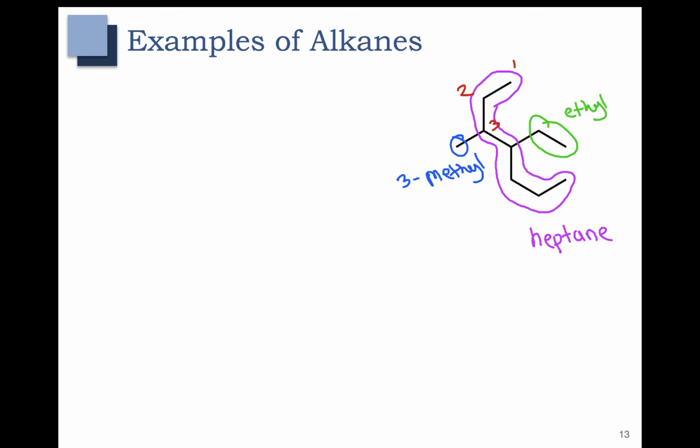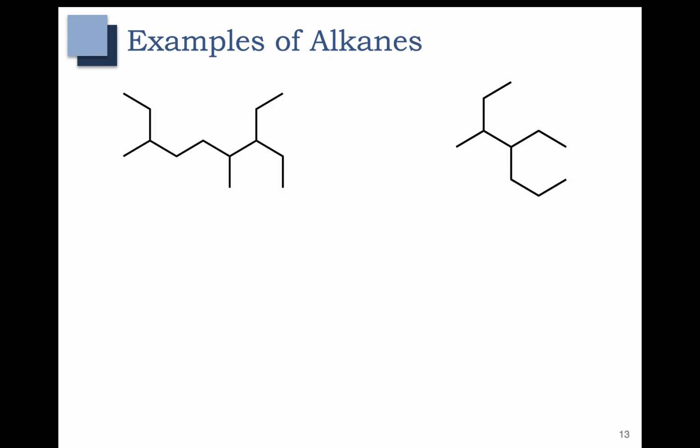If we keep numbering, that means that our ethyl group is at position 4. Now we have to alphabetically order everything. Ethyl comes before methyl, so that will give us 4-ethyl, 3-methyl, heptane.